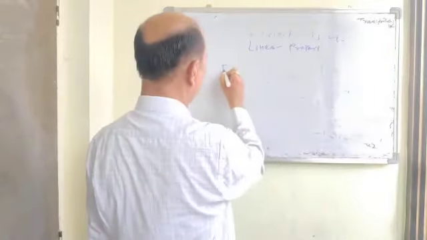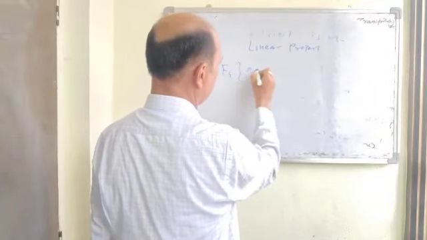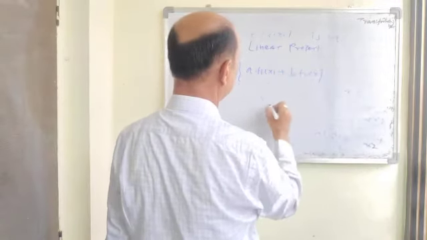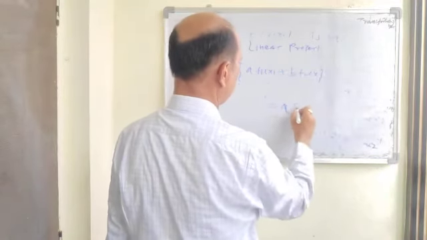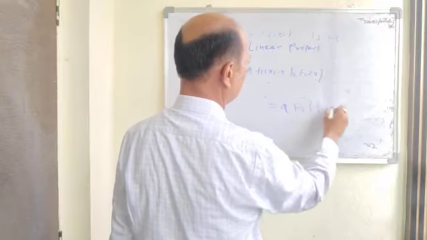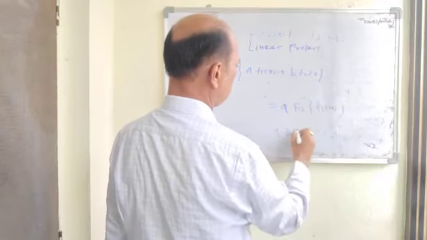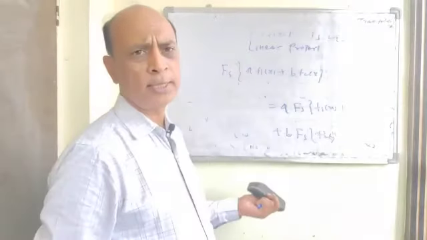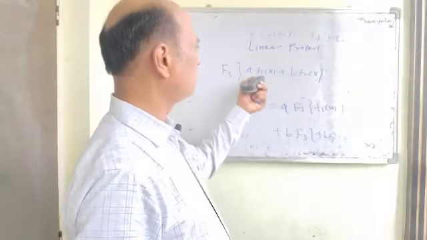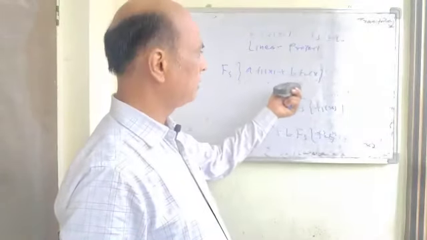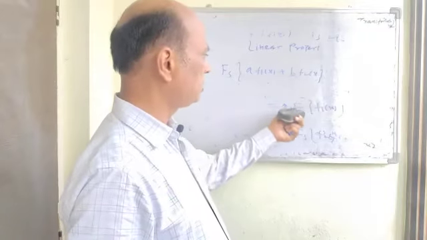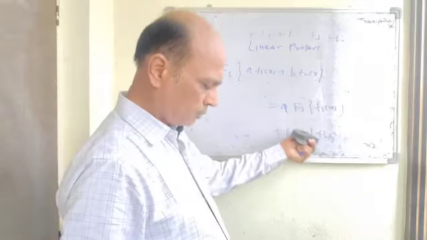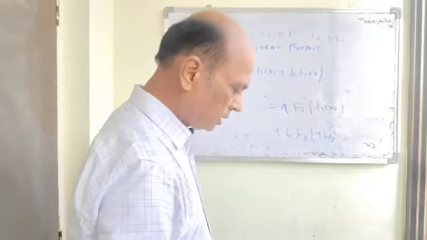So that will be Fs of a f1(x) plus b f2(x) equal to a into Fs of f1(x) plus b into Fs of f2(x). Similarly for the cosine transform, Fc of a f1(x) plus b f2(x) is equal to a into Fc of f1(x) plus b into Fc of f2(x).